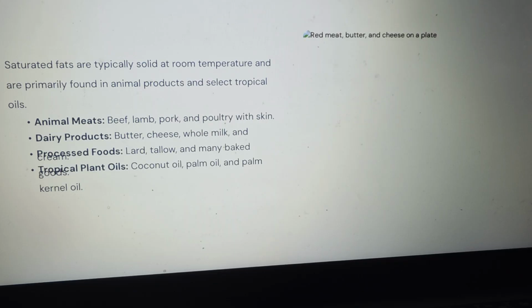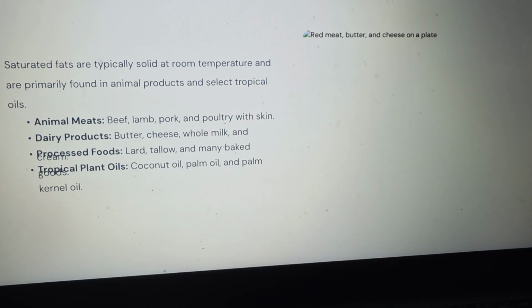The common sources of saturated fats are found in animal products and very few selected tropical oils. The animal products include animal meats like beef, lamb, pork, poultry, products with skin, and also dairy products like butter, cheese, and whole milk.